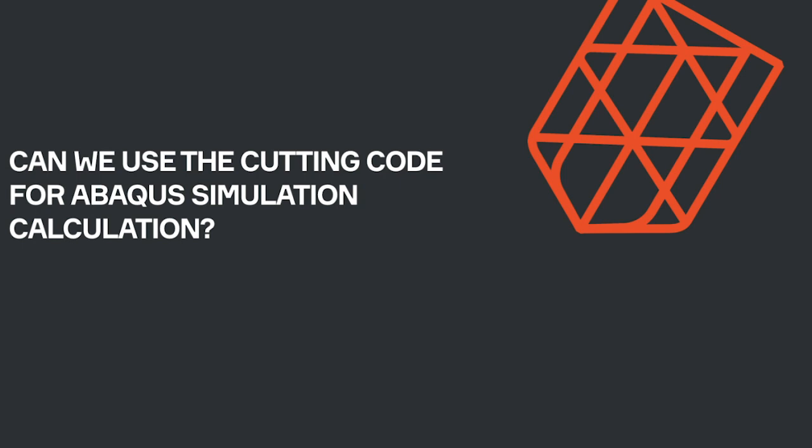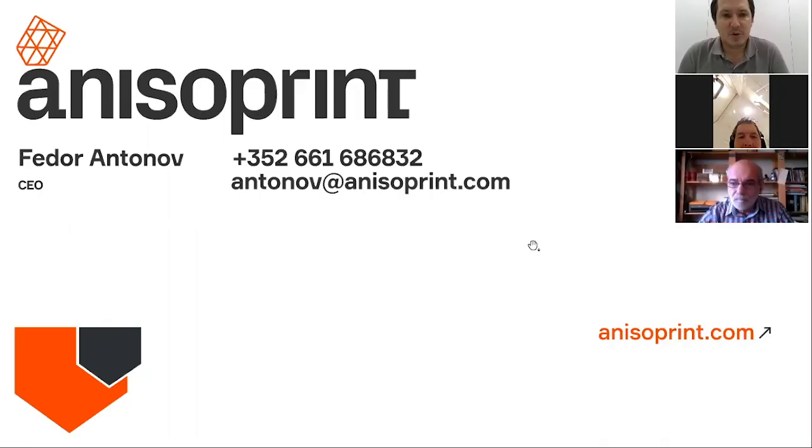Can we use the cutting code for Abaqus simulation calculation? I'm not sure what is cutting code. If you mean the G code that we generate in Aura, or the fiber paths that we have in Aura, that's a tool that we are working on, but it's not yet ready for release.